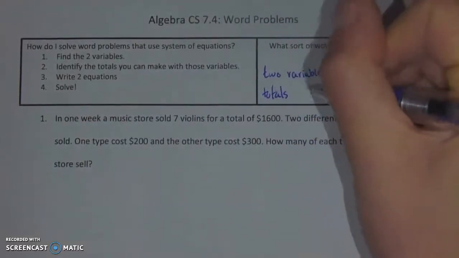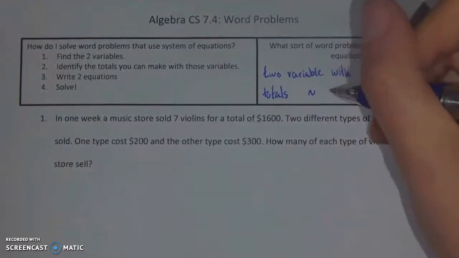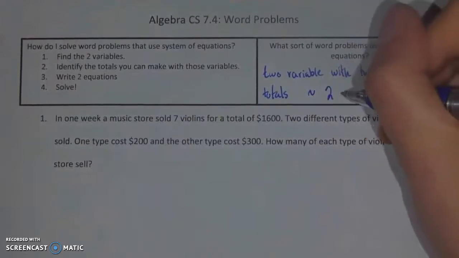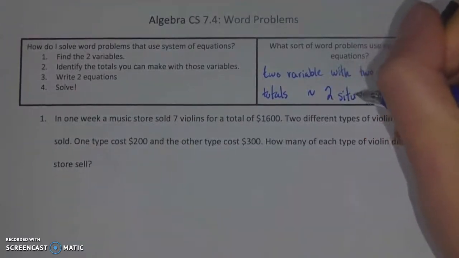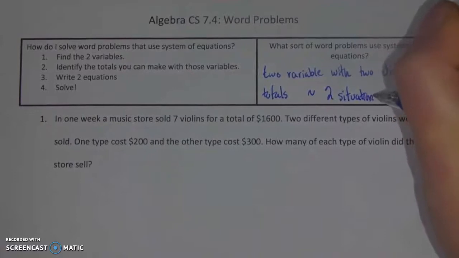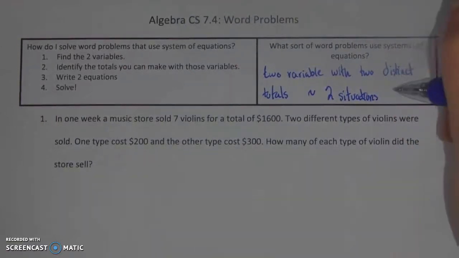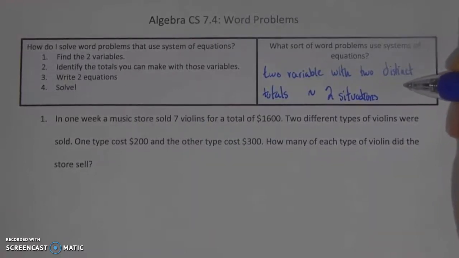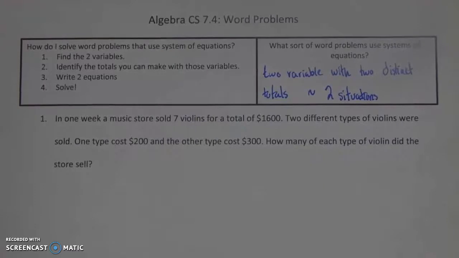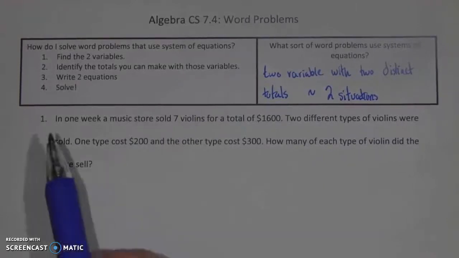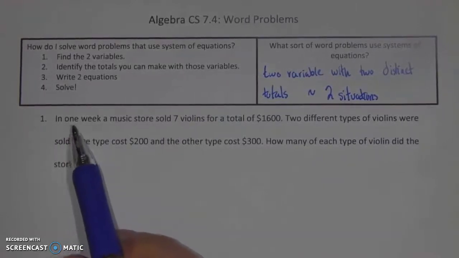A lot of times I think of these as situations in which you have two situations that you are comparing, or two pieces of information that are different from each other, like different units being compared or combined to get to a final idea. And so let's just jump right into it then.